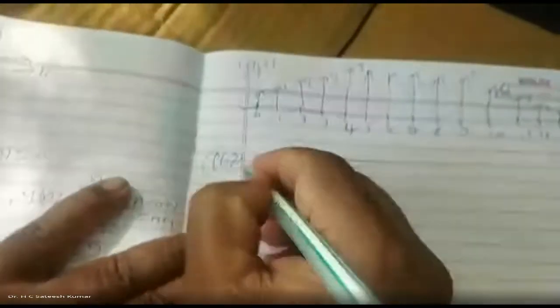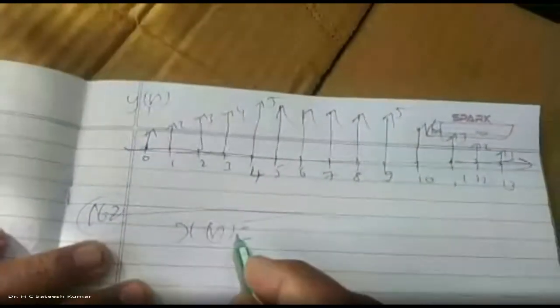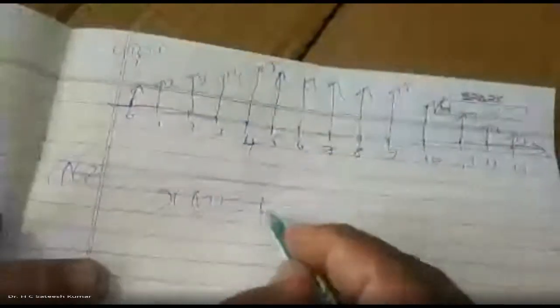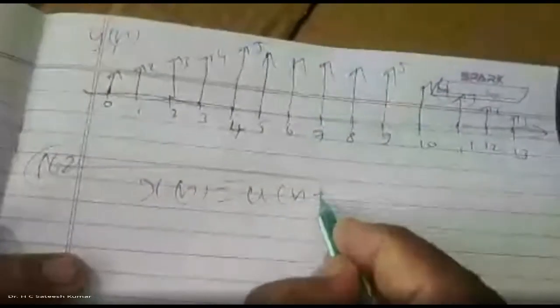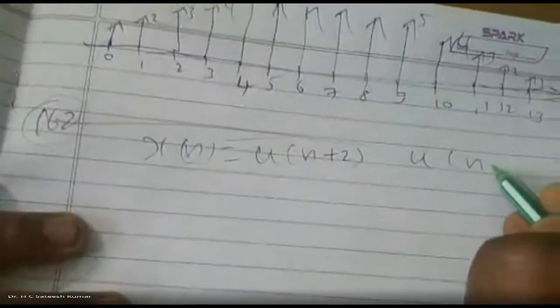So now one more problem I'll take up with a different width. Problem number 162. X of n is equal to u of n plus 5 minus u of n minus 4.